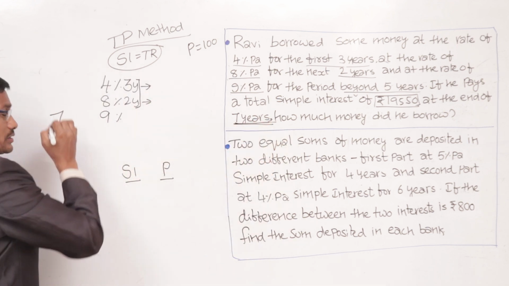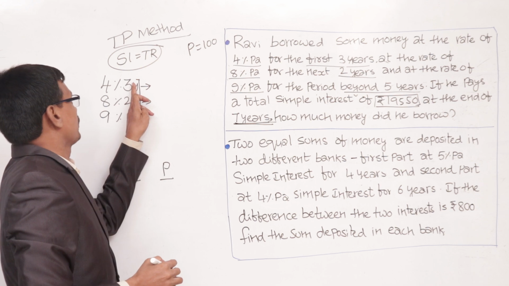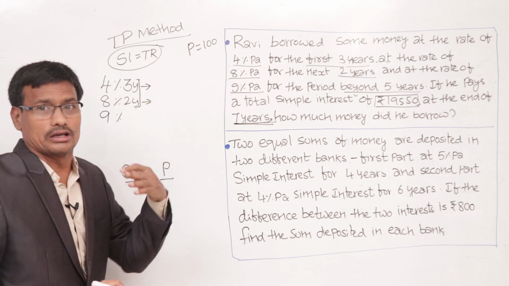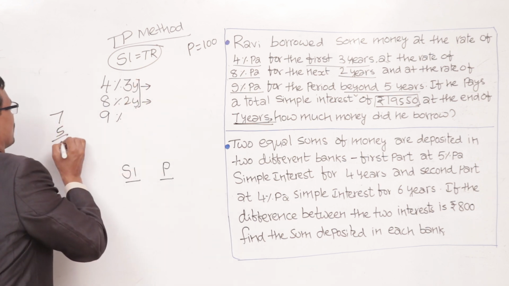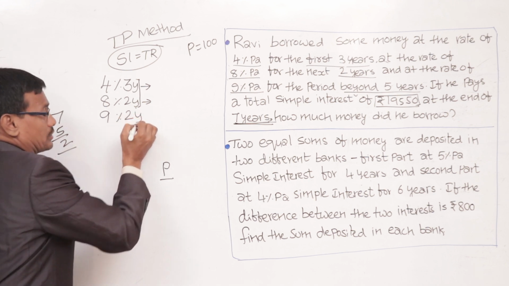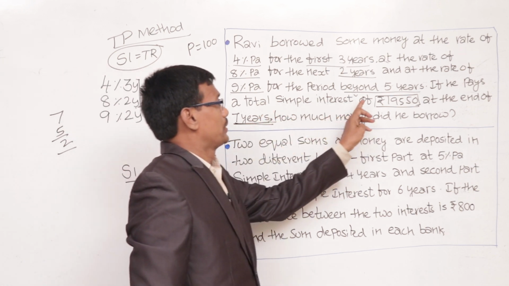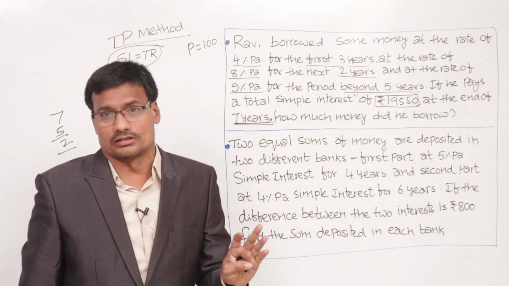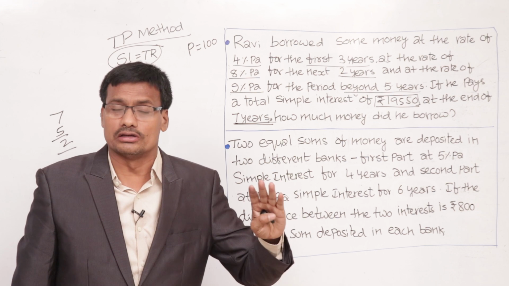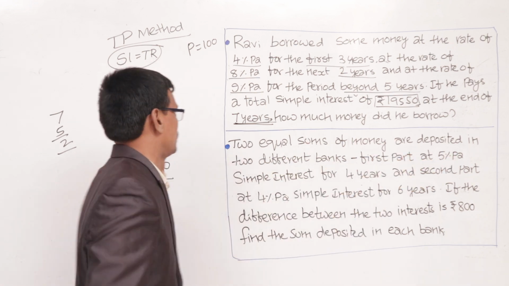So out of 7 years, already 5 years, 3 plus 2, 5 years already gone. So now what is the balance? 2 years. So this is 2 years, not 5 years. Remember, please understand here. So beyond 5 years means not 5 years.